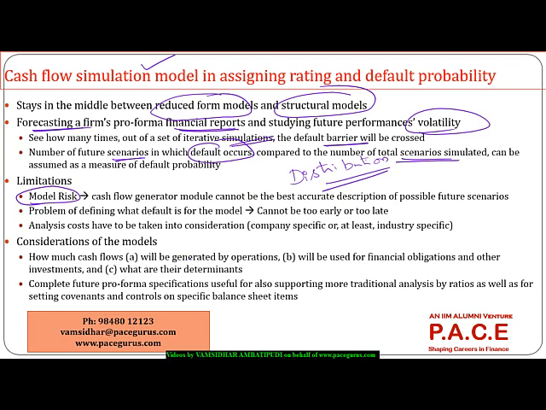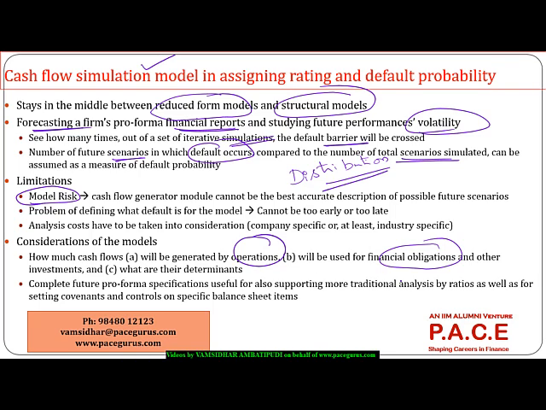Some of the important things: how much cash will be generated by the operations, how much of it will be used towards funding the financial obligations and investments, what determines how much of it would be cash flow from investments, and how much of it would be cash flow from financing activities.